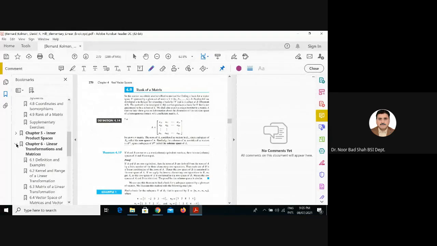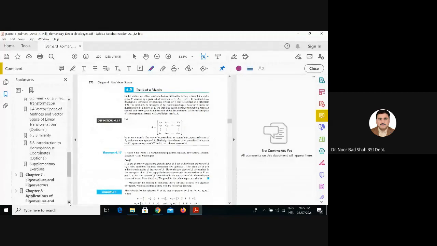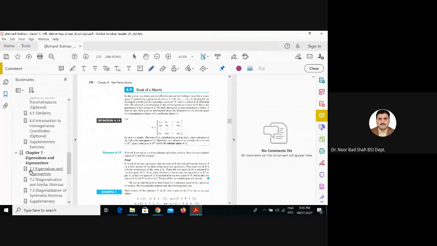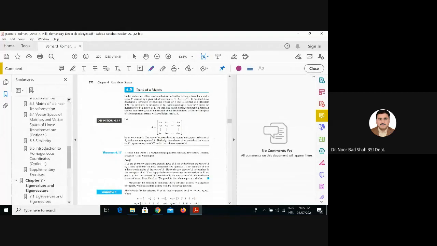We'll be doing 6.1 and 6.2 only. So 2 exercises from chapter 6 and possibly 2 exercises from chapter 7, 7.1 and 7.2. Keeping in mind, we are having 5 exercises. So can we do that next week then? 4.9 is okay. That's very simple. Rank of matrix, very simple. Again, you'll be converting into echelon form and going for leading ones and taking the basis and dimension.